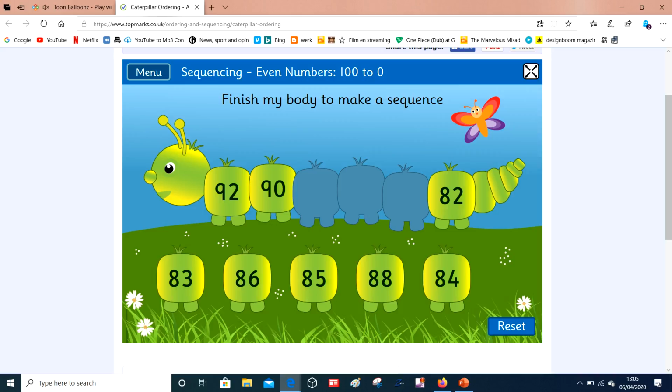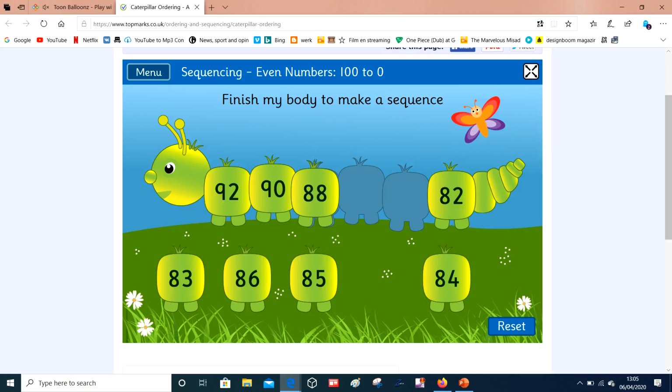Now, what we're doing here is we're looking at some decreasing number patterns. So what I'd like you to do is try and finish the body of the caterpillar by making the sequence using the numbers down here. We're starting at 92 and we're going backwards to 90. How many have we subtracted for this? Of course, it's 2. So 90 minus 2 would be, you guessed it, 88.